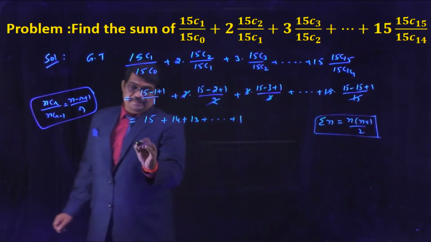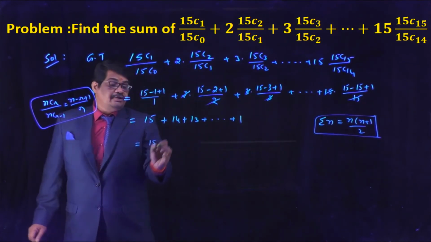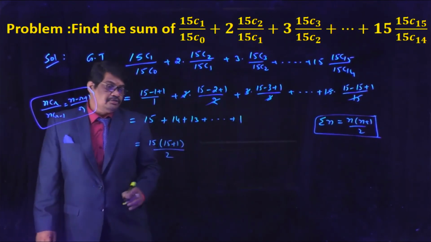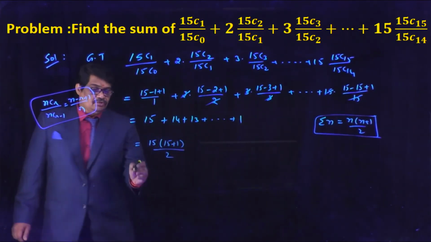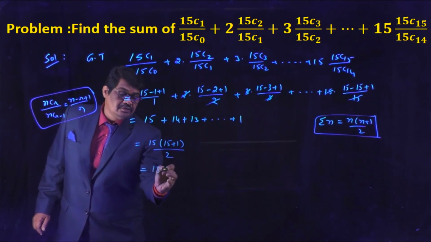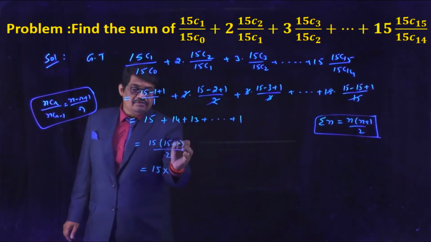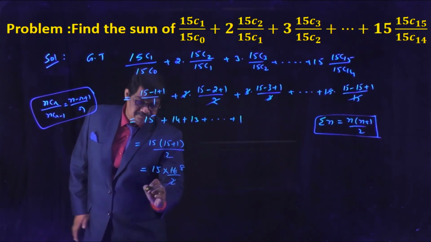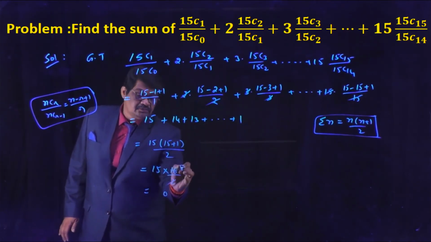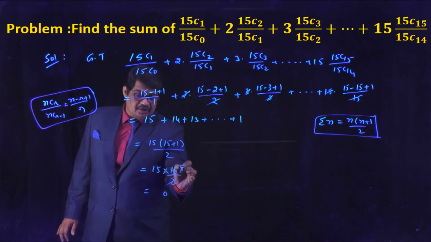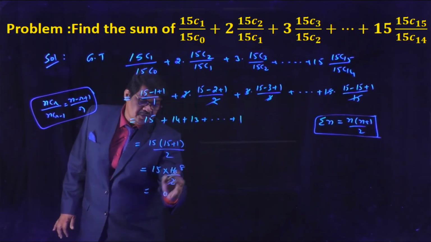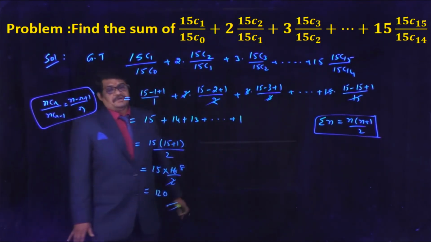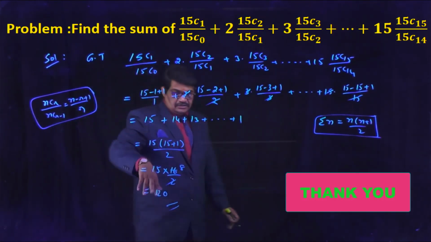So n into n plus 1 by 2 is 15 into 15 plus 1, 16, by 2, which is 8. 8 fives are 40, 8 plus 2 is 12, so 120. So the value of this given series is 120.